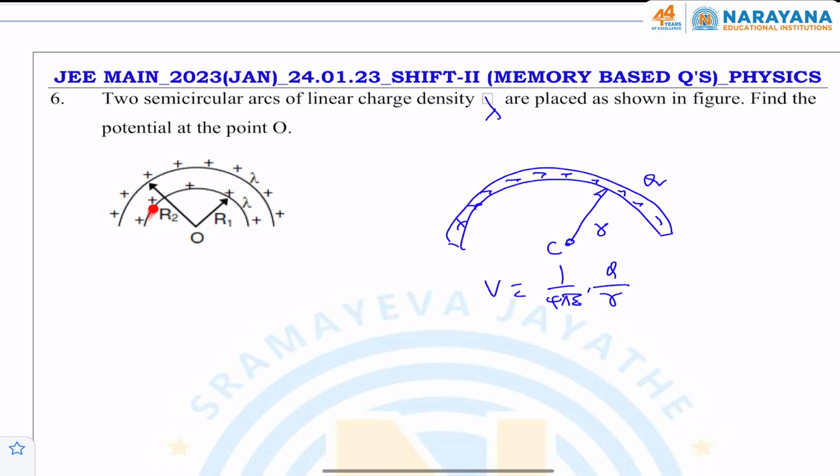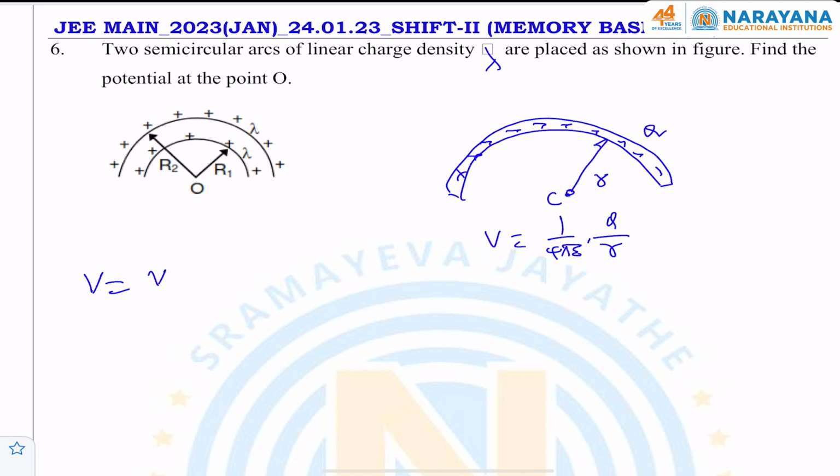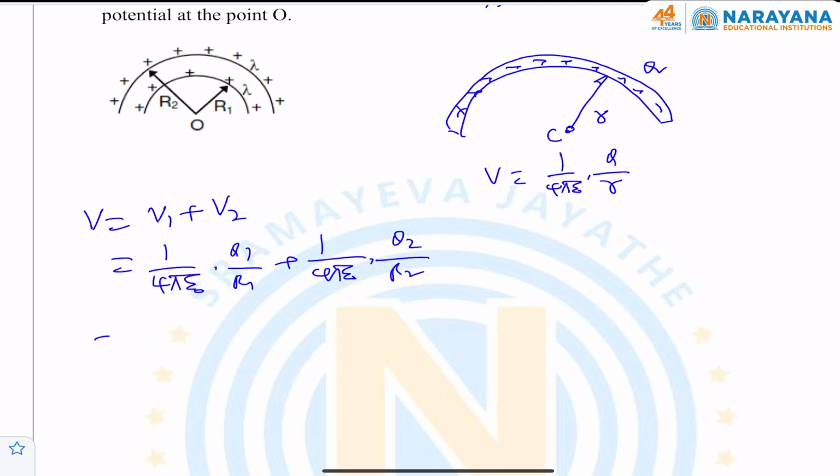Here there are two loops, loop of radius R1, loop of radius R2, two semicircular rings. So resultant potential is the algebraic sum of potentials of both. This is 1 by 4 pi epsilon naught times Q1 by R1, similarly 1 by 4 pi epsilon naught times Q2 by R2. Q1 equal to lambda into length of the wire, pi R1, Q2 equal to lambda into length of the wire, pi R2.